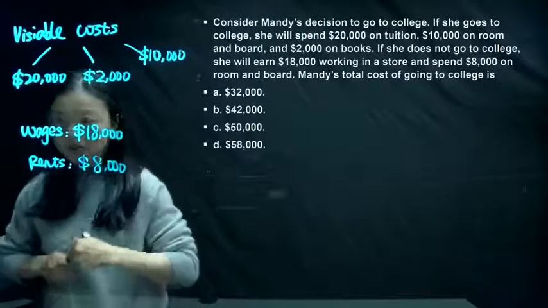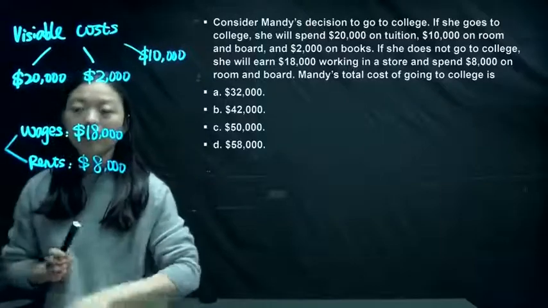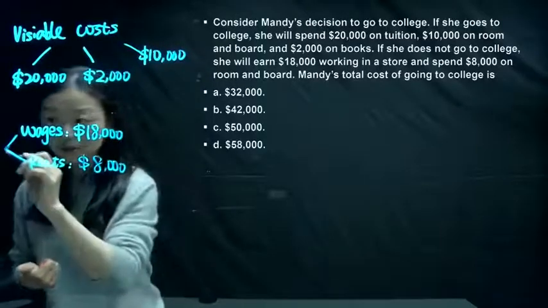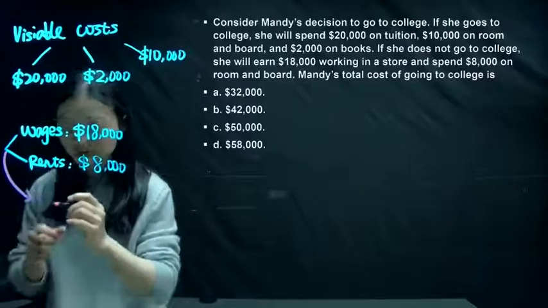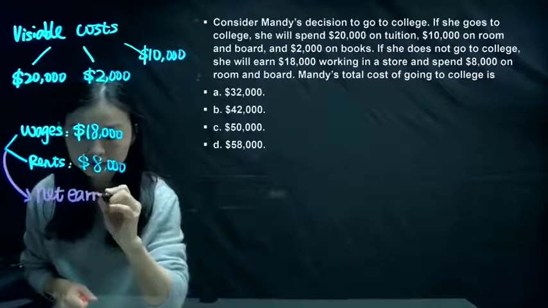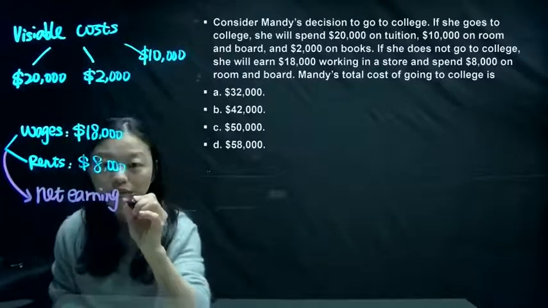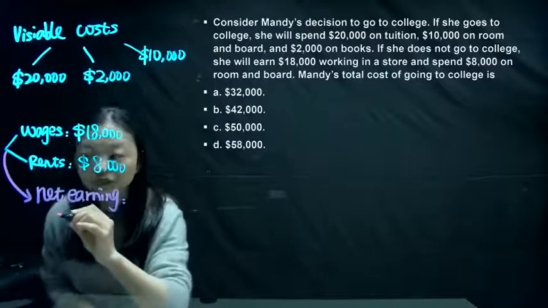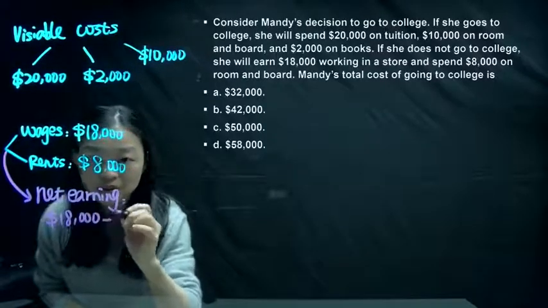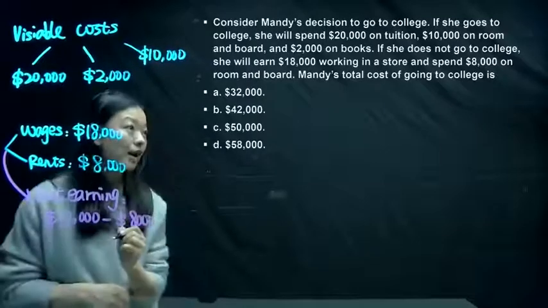So from this part, even she could earn the wages, right? But she still needs to pay the rent. So from this part, we can compute the net earning. And the net earning will equal $18,000 subtract $8,000, right?